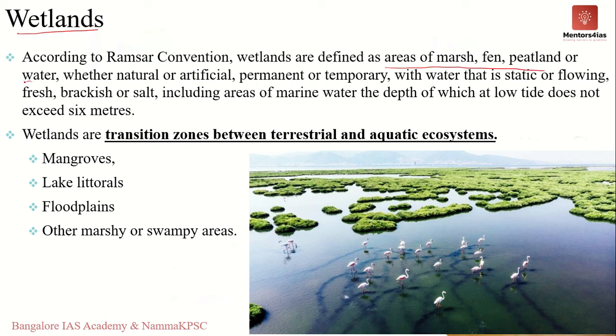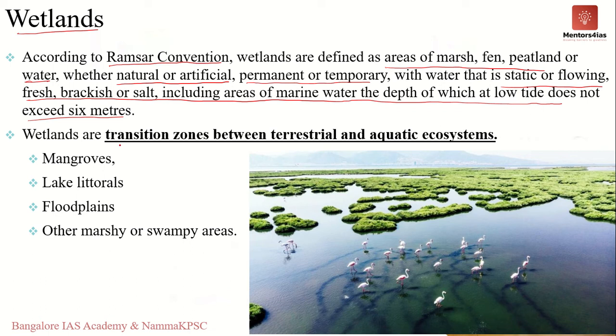water. According to the Ramsar Convention, which is a very important convention regarding wetlands, these are defined as areas of marsh, fen, peatland, or water, whether natural or artificial, permanent or temporary, with water that is static or flowing, fresh, brackish, or salt, including areas of marine water, the depth of which at low tide does not exceed 6 meters.